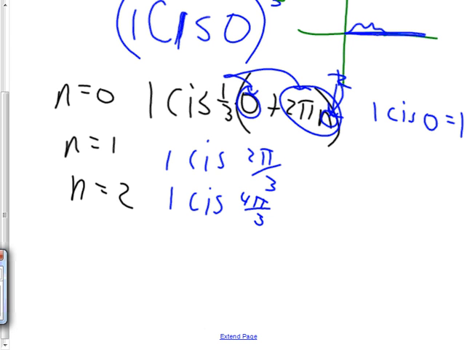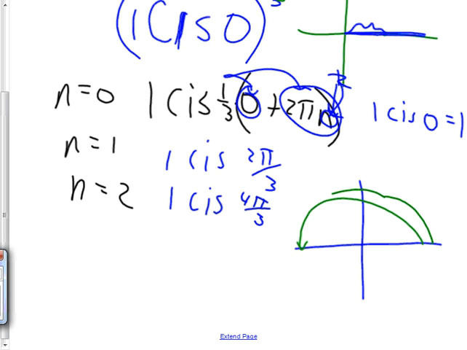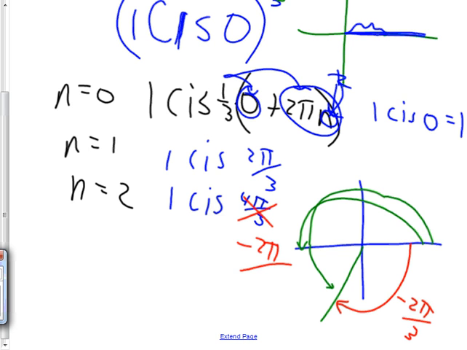Because do you remember that when they go past 180 degrees, if you go past this magic spot right there, which we did, here's 1 pi over 3, 2 pi over 3, 3 pi over 3, 4 pi over 3 is like right about there. Then you have to go the other way and say negative 2 pi over 3. All right. Any questions on that?